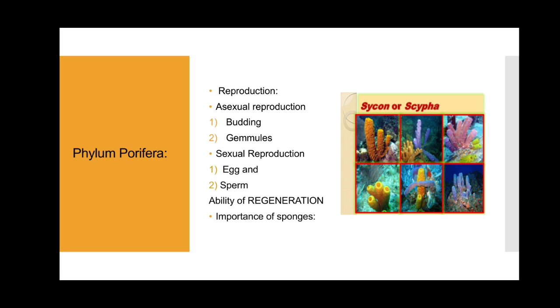Sponges are very important as the skeleton of sponges is used for washing and bathing, and they have a great capacity to absorb water. So they are used in surgical operations for absorbing fluid and blood. Sponges are also used for sound absorption in buildings.